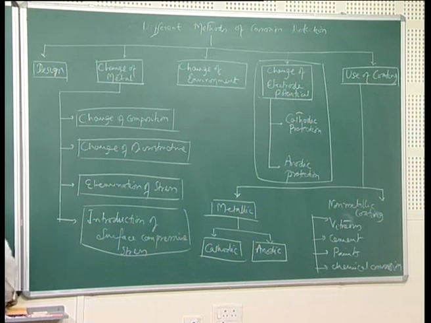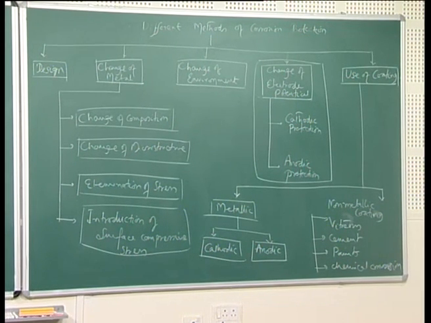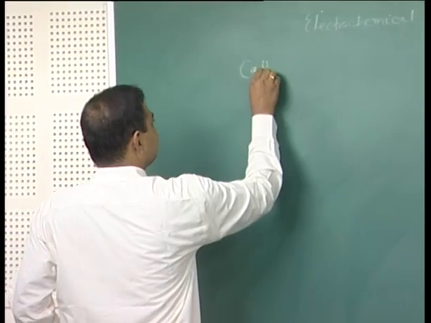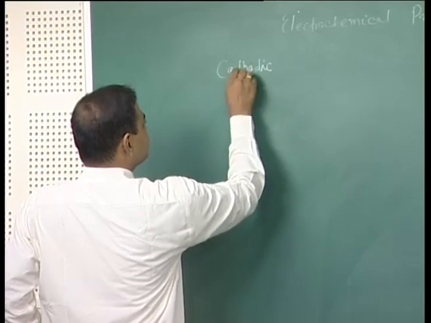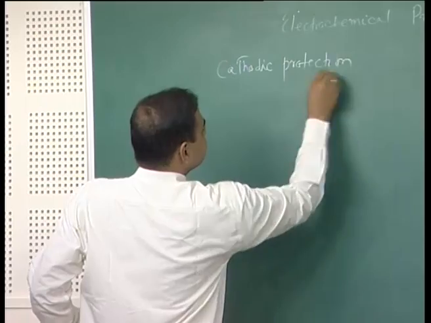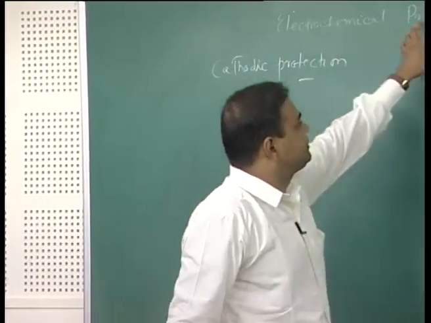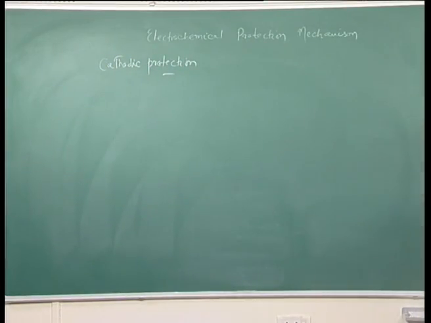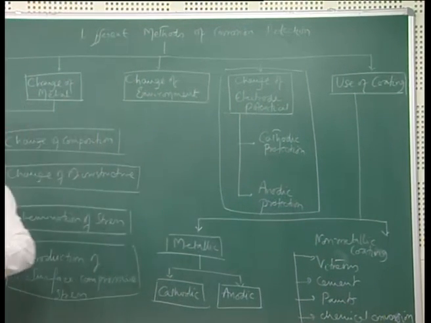So, let us start with cathodic protection. This electrochemical protection mechanism is nothing but the change of electrochemical electrode potential.